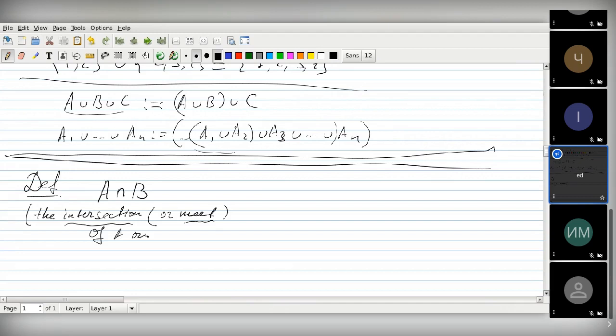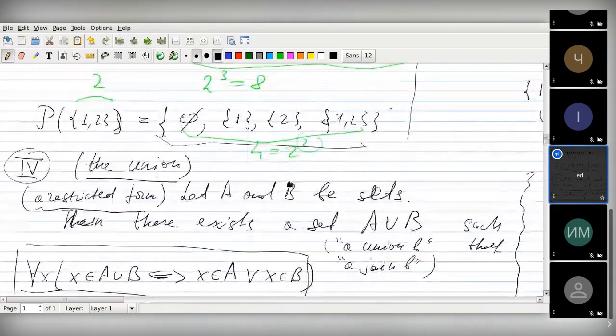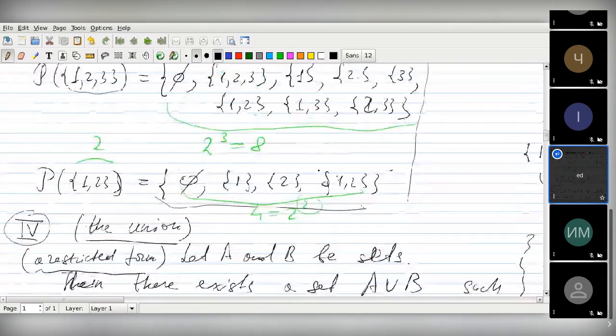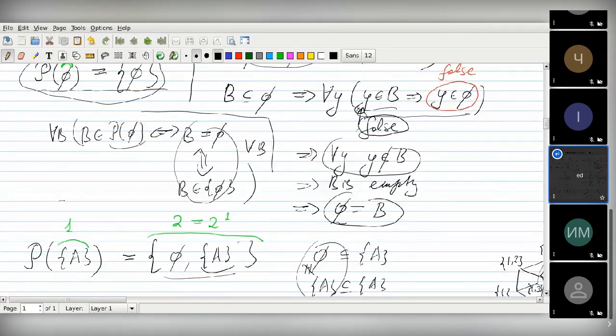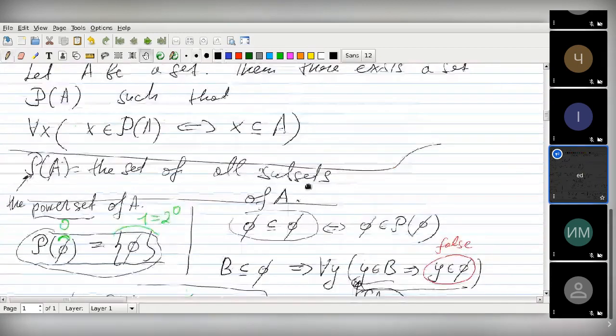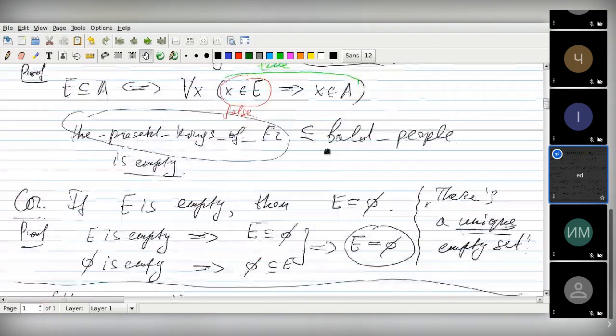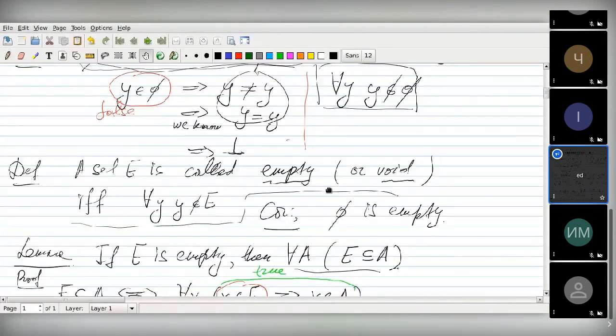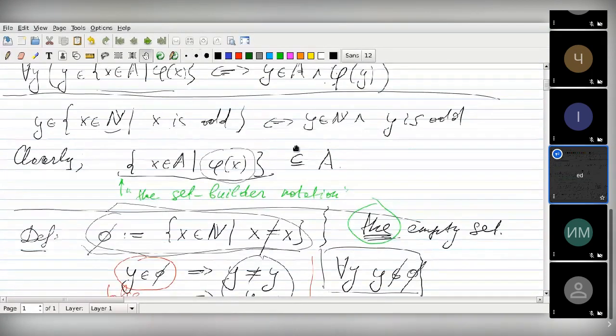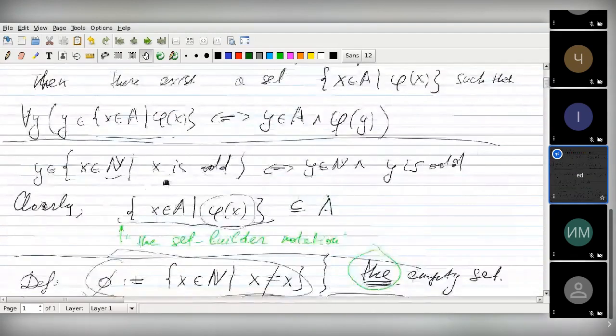What is it? What is the intersection? Can you define it using our set construction principles? As a hint, I suggest you use the second principle.